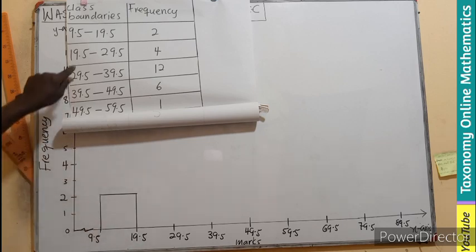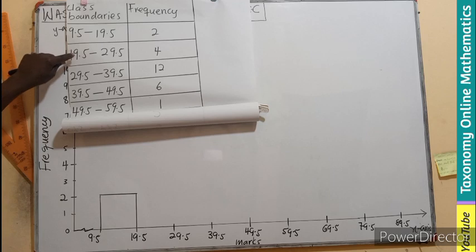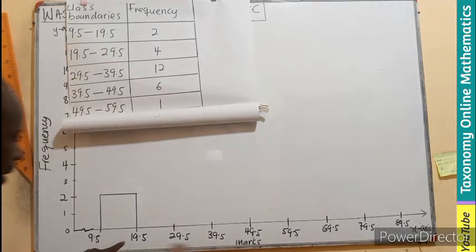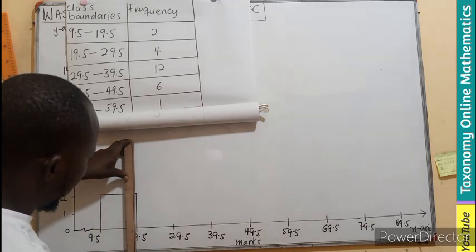The next class boundary is, you see, 19.5, which is the end here, is not the beginning of the next class boundary. So 19.5 to 29.5 will be 4. Let's see, 19.5, we are moving all the way to 4.